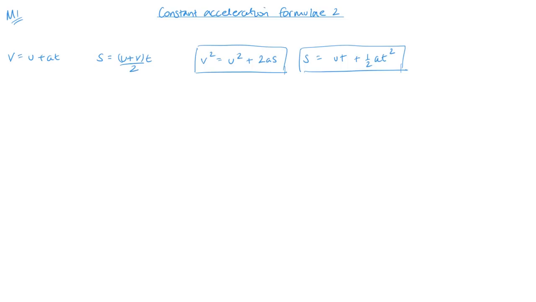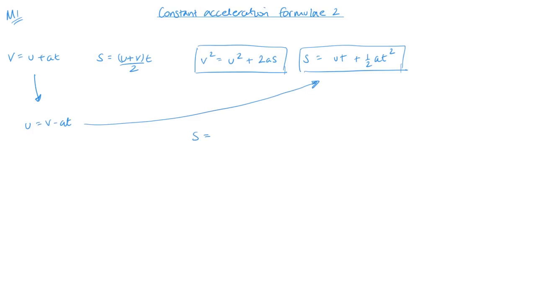So this one is to eliminate U, and what we're going to do is rearrange V equals U plus AT. So this becomes U equals V minus AT, and we're going to substitute it into this formula.